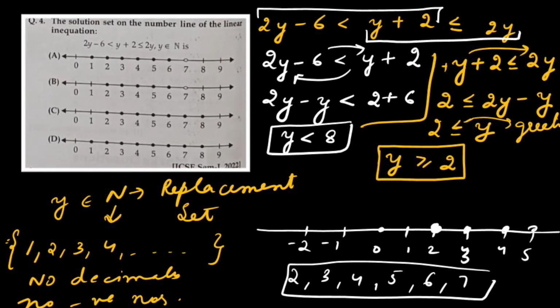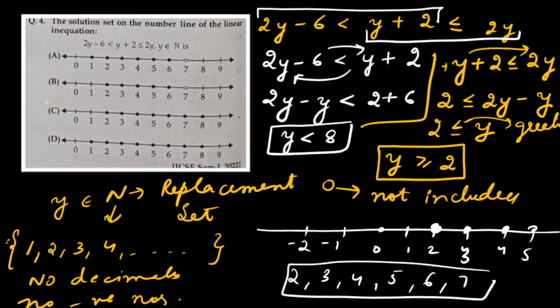So which number line has these points? Option B? No, not option B. In B, on 7 the small circle is there. Circle means the point is not included. So here on 7 a circle is there, but 7 is included.